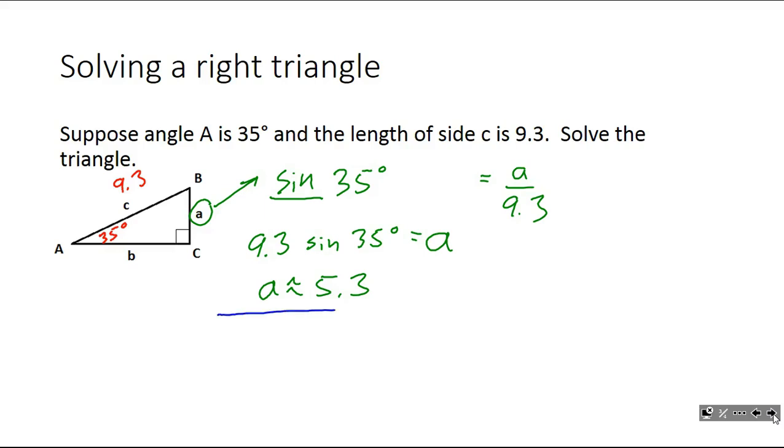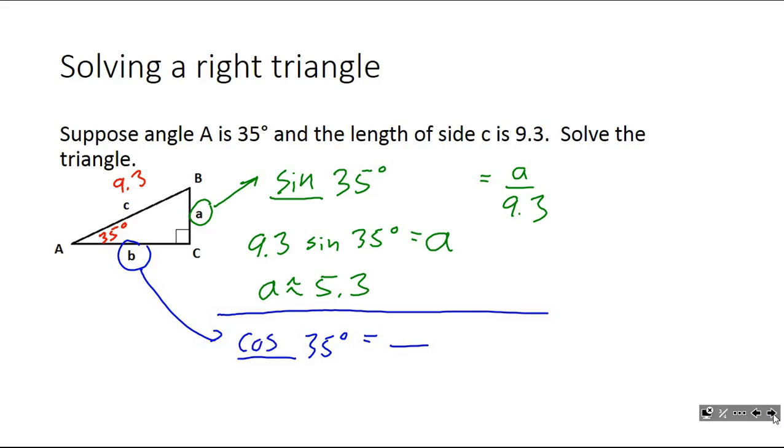Let's do a similar analysis to come up with side B. I'm going to start out the same way. I'll have some unknown trig function of 35 degrees equals some fraction. Very similar to the previous part. Now when we're looking at 35, B would be the adjacent. And adjacent over C hypotenuse, that is a cosine function.